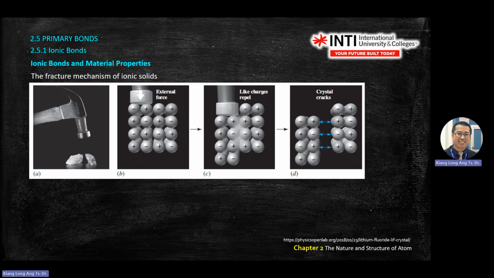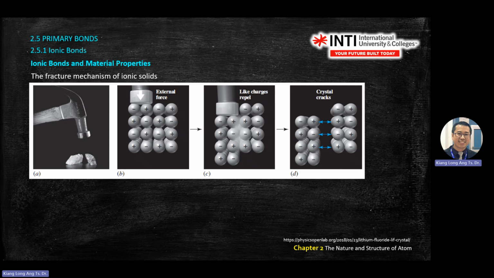If you hit an ionic solid compound, you will see this happen. You have a first column, second column, third column, fourth column, joined together with positive and negative charges.